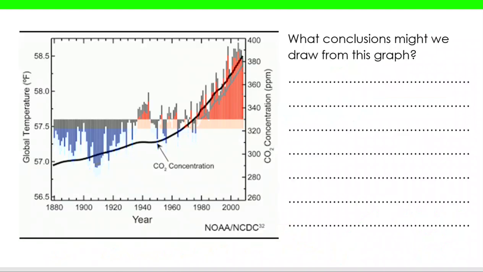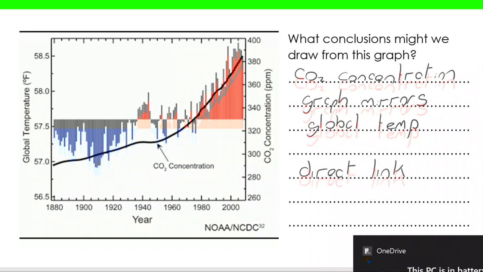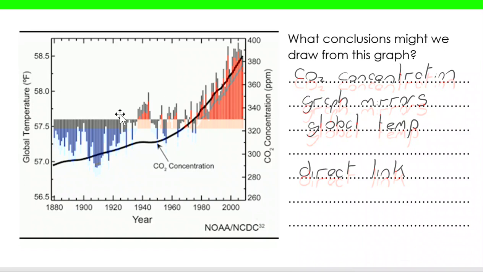Final piece of evidence to take a look at. And I think there's some very clear correlation here. As the CO2 concentration goes up, there is a direct link to the carbon dioxide concentration, the general pattern of carbon dioxide concentration. So we are seeing a link between CO2 concentration and global temperature.